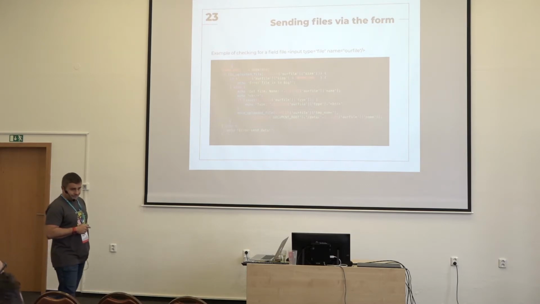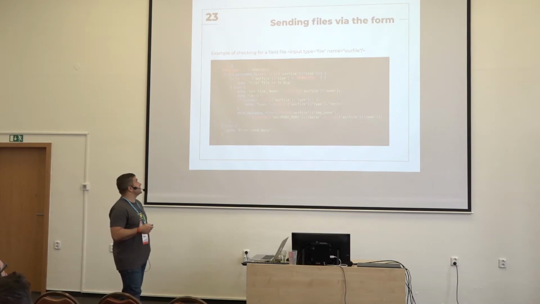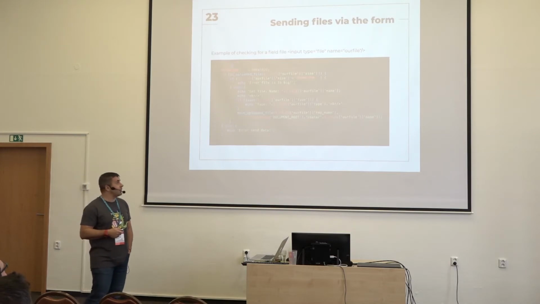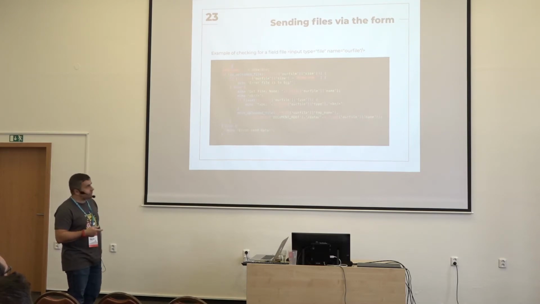For example, we think that our user can put in a file, but the max size of this file can be like this constant, MAX_SIZE, okay? So, in our backend, we check the size of our file, and we compare it with this max size, and if it's higher, then we show an error message to our user.